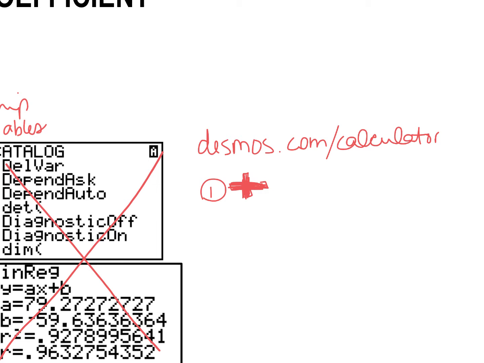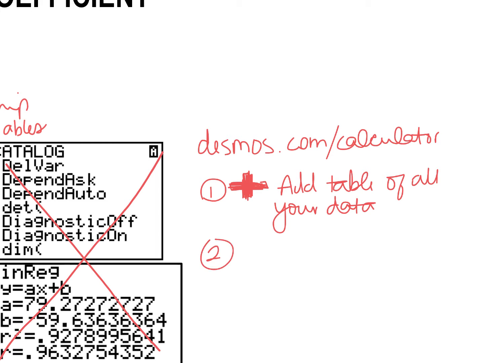And you're going to add the table of all your data. Once you've done that, then you go to the next line below your table and you add an equation that uses the table.